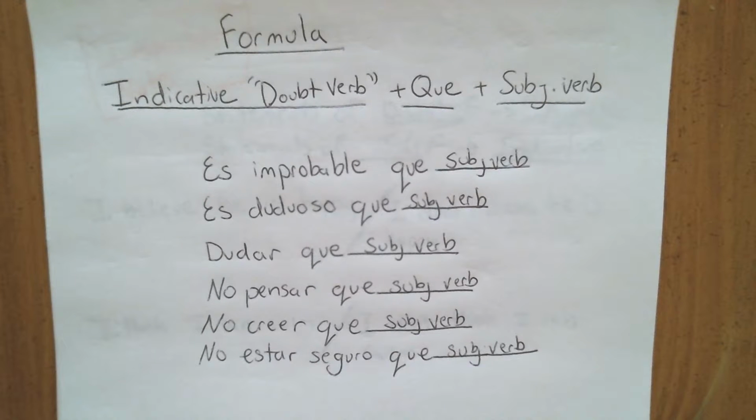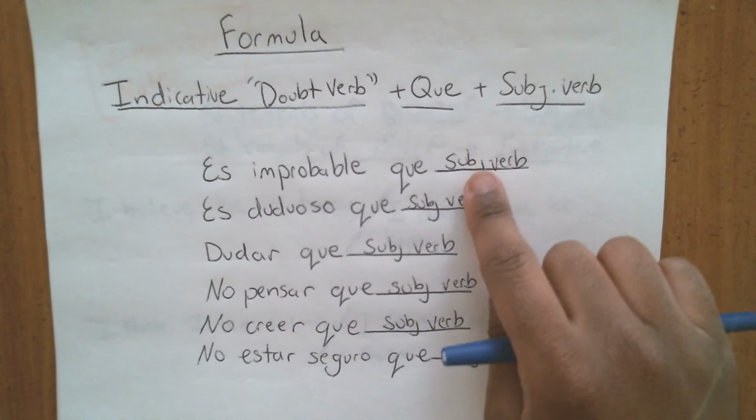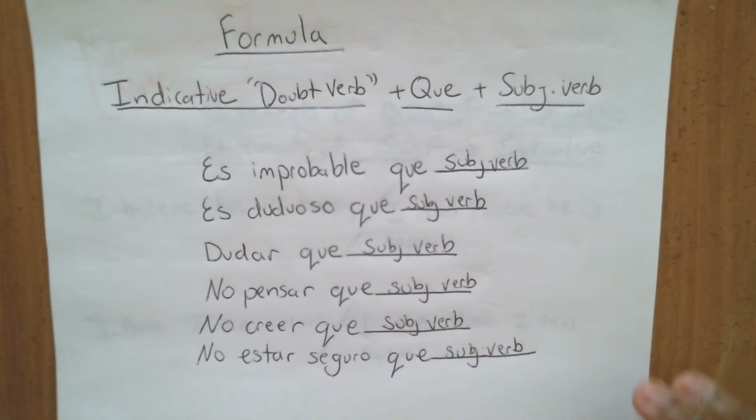But you get the idea. These are all synonyms pretty much. They're all expressing doubt, or they're expressing that you think that something happening is unlikely. So anytime you have a verb construction that is expressing doubt or unlikeliness, usually the verb that you're calling into question is going to be in the subjunctive.